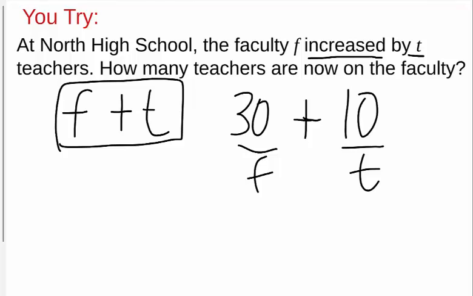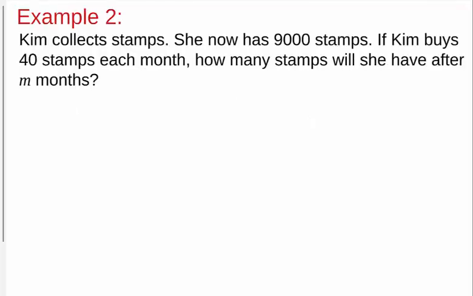All right, another example. It says Kim collects stamps. She now has 9,000 stamps. If Kim buys 40 stamps each month, how many stamps will she have after M months? All right, well, we have a variable, M. M is equal to months.